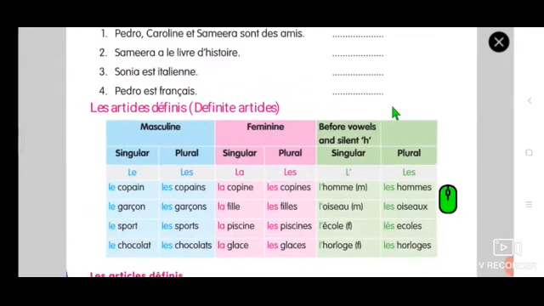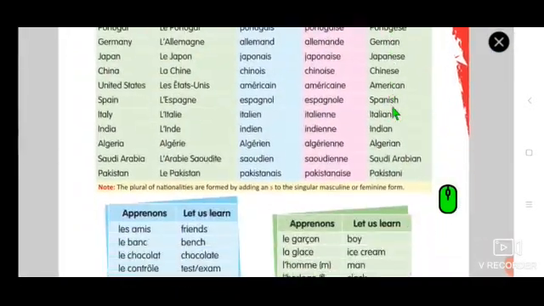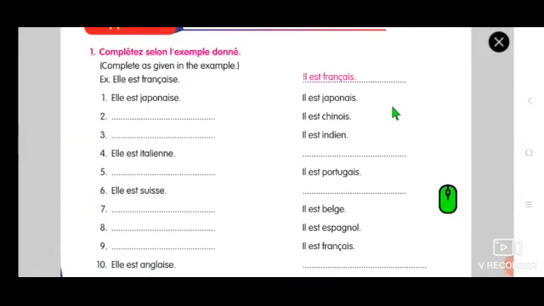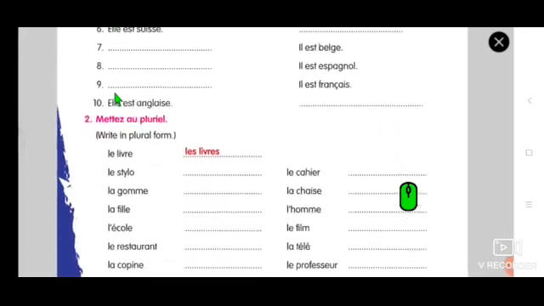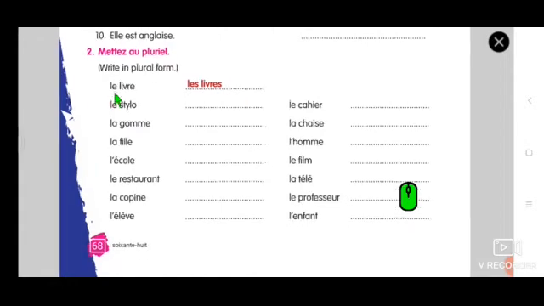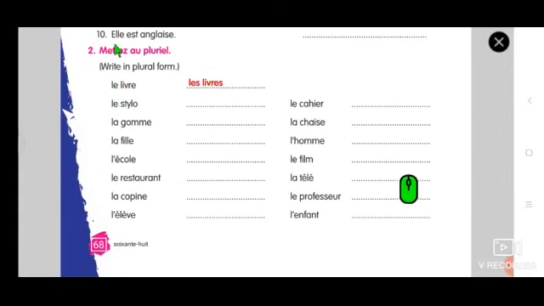Okay, sorry, I forgot to say nationality, we'll come back to it. Let's go to exercise number 2 first. The question is to make it plural. What is plural? Les. So all these subjects should be transformed to plural, and the answer would be les. But the question is how you will end the word.